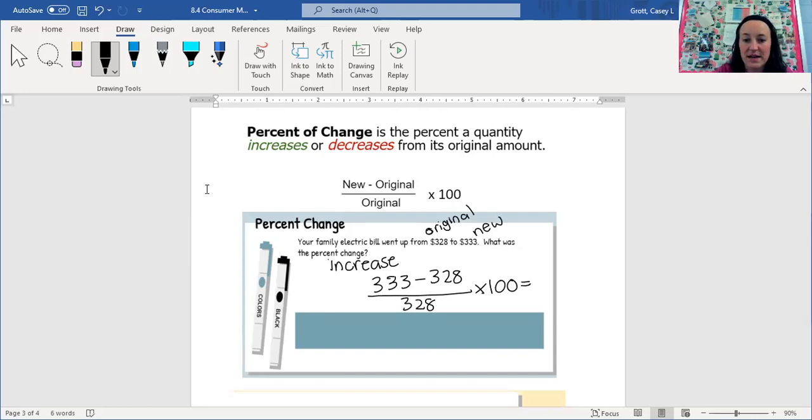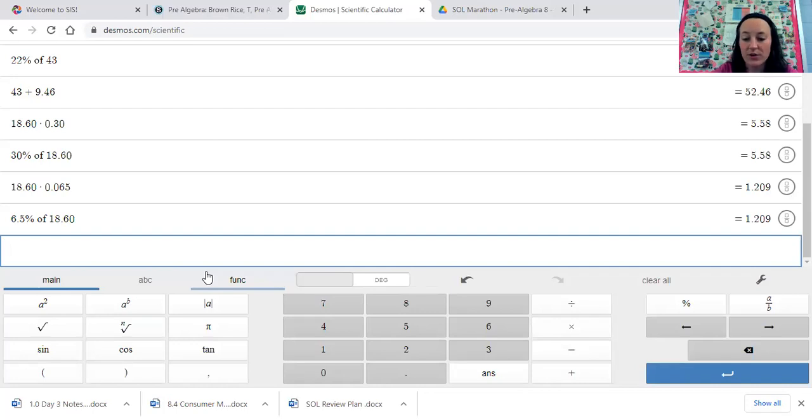Again, Desmos, guys, let's use it. So switching back. Okay, if you need to pause this video, when you're ready, we're switching back. So I've got 333 minus 328, which is going to give me 5.